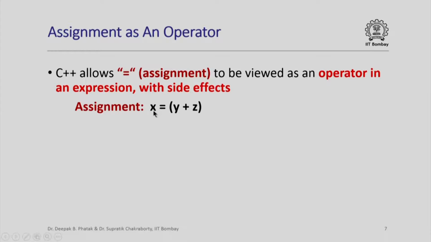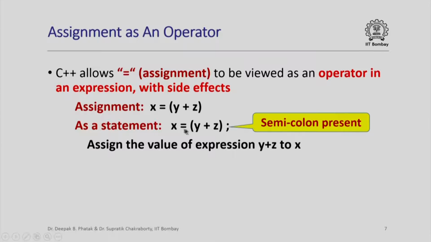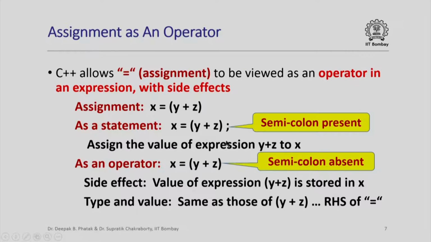Suppose I have this assignment, x assigned y plus z. Now if I put a semicolon after this, this becomes an assignment statement, and the value of the expression y plus z is evaluated and this value is assigned to the variable x. However, if I don't use a semicolon and I want to use this as an expression, then this equals symbol is used as an operator in this expression.